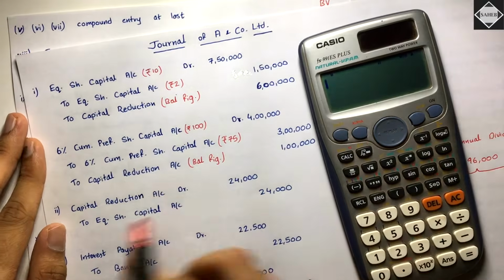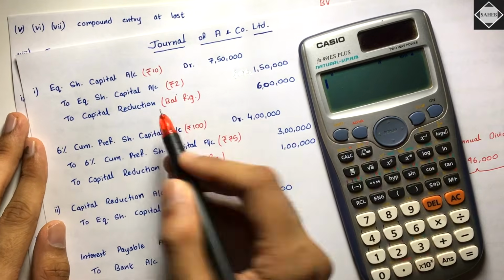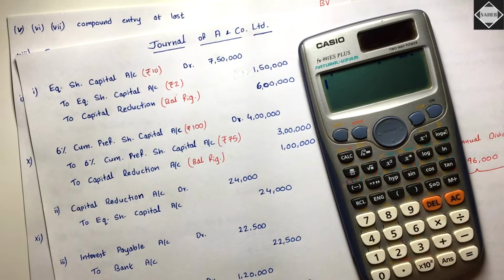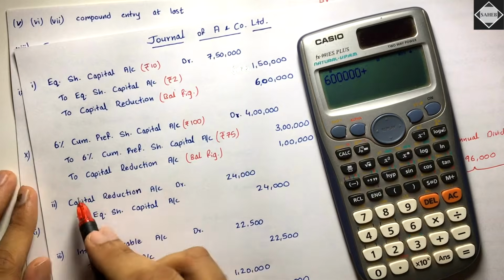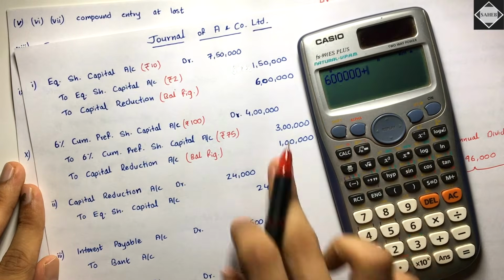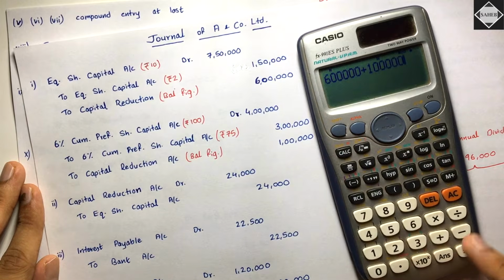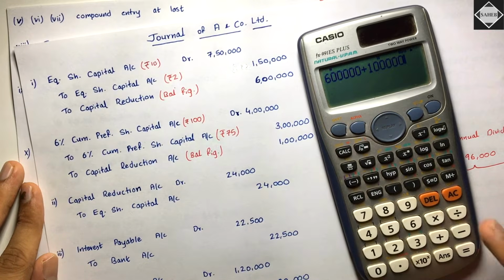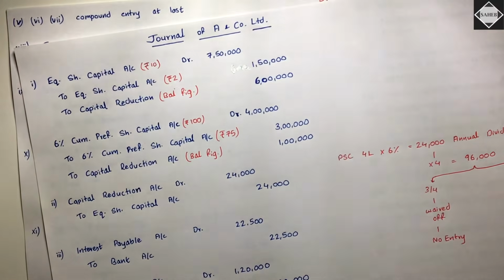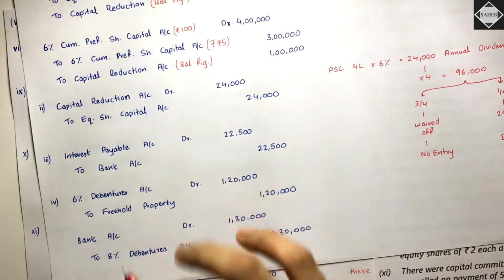It's really simple. Here capital reduction is credited. Credited means plus over here for capital reduction. Okay, so 6 lakh plus, then capital reduction again here is credited by 1 lakh, so plus 1 lakh, and then capital reduction is debited over here 24,000, which means minus 24,000.